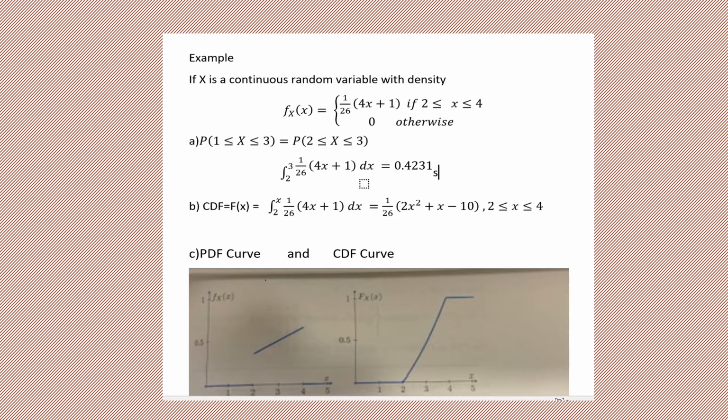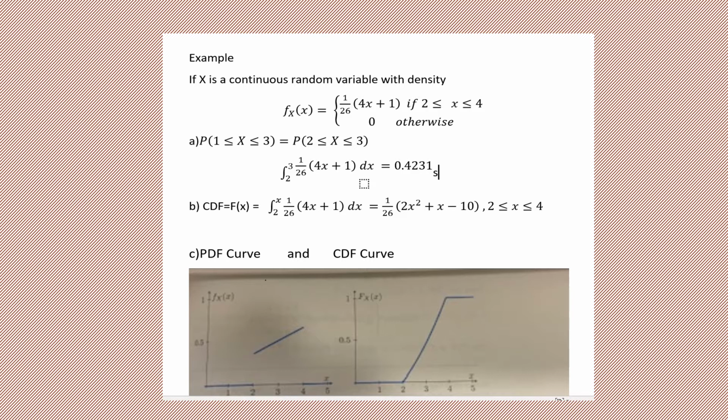Now let's take this example, where a continuous random variable is defined using the density function f of x equal to 1 over 26 times 4x plus 1 in the interval between 2 to 4, 0 otherwise. So you can draw that curve. The curve is given between 2 to 4. You can just graph 1 over 26 times 4x plus 1.